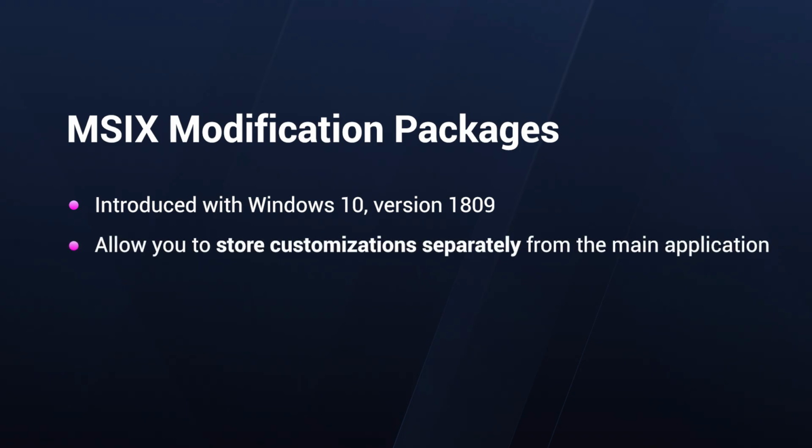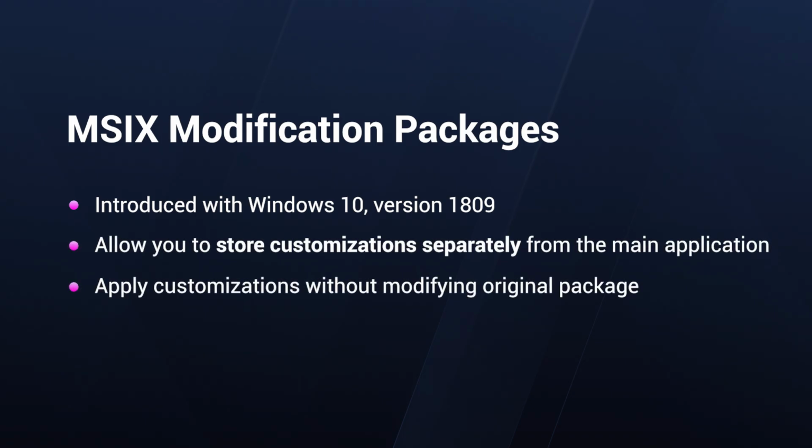These types of packages allow you to store customizations separately from the main application. This was first introduced with Windows 10 version 1809, and MSIX modification packages enable you to apply customizations without altering the original application package. Think of MSIX modification packages in terms of MST files back in the Windows installer technology.